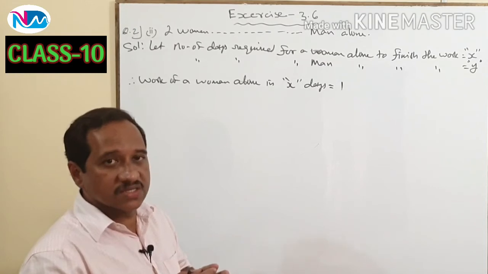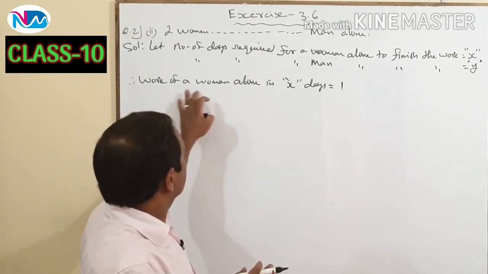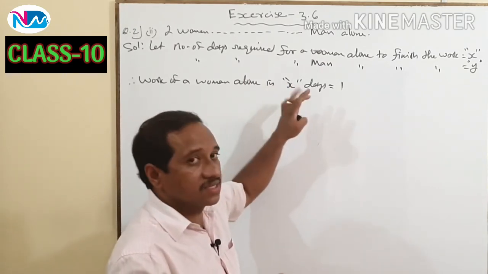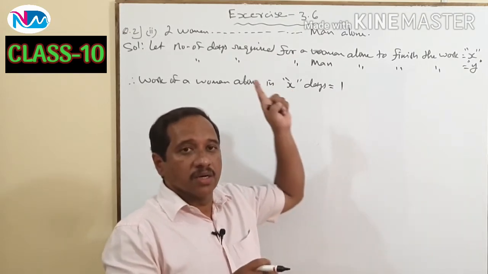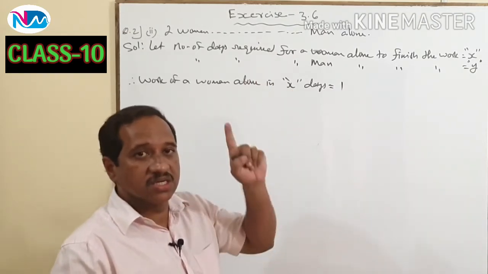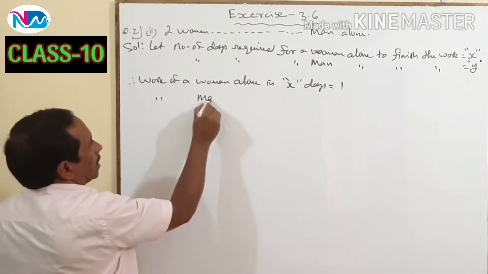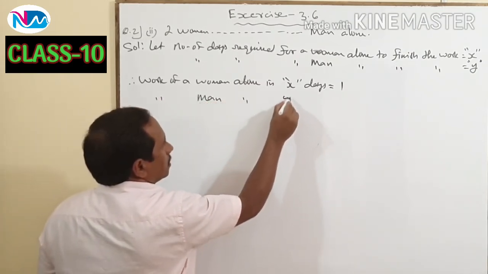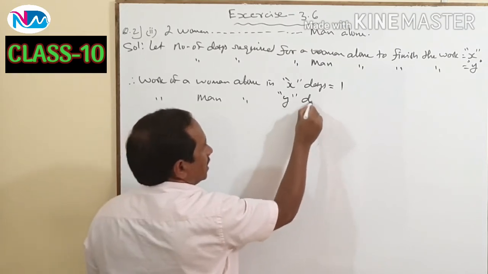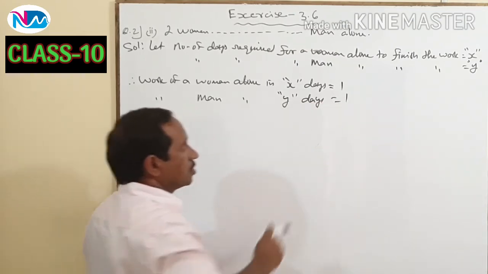A complete work is considered to be 1. Therefore, work of a woman alone in x days is equal to 1. Work is equal to 1 means she finishes the work. Similarly, work of a man alone in y days, that is also equal to 1.